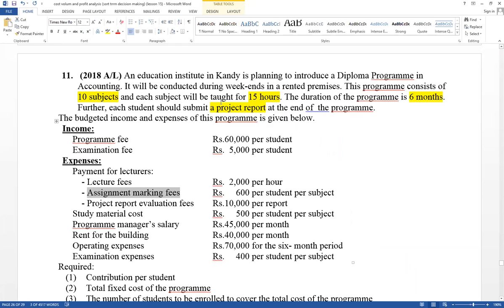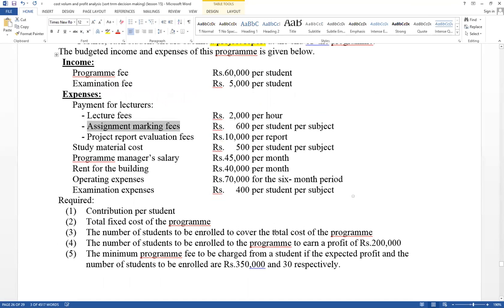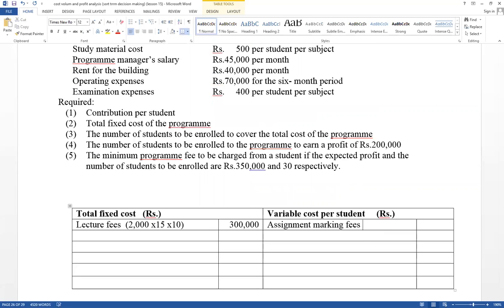This program consists of 10 subjects. But here the assignment marking fee is given per subject. 10 subjects are available. You have to calculate per student. Therefore, assignment marking fee is a variable cost. How to calculate the value? 600 per subject. There are 10 subjects available.